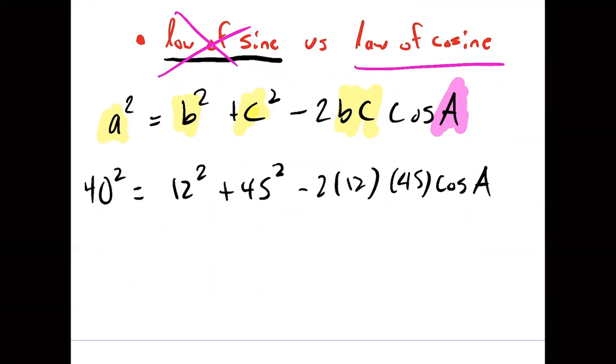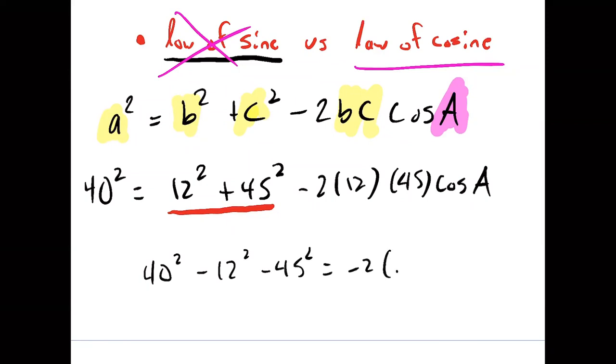So we're going to go ahead and subtract both of these values from both sides, and we'll get 40 squared minus 12 squared minus 45 squared is equal to negative 2 times 12 times 45 times cosine of A. Okay, and so again, we're just trying to solve for A here. So let's go ahead and divide both sides by this leading coefficient here.